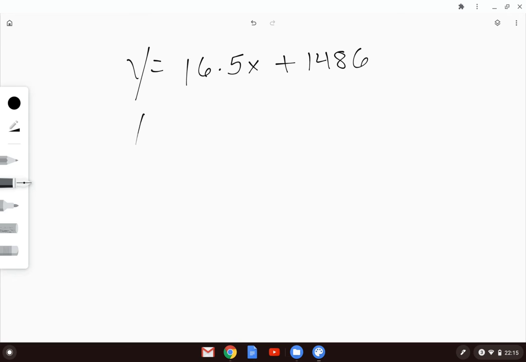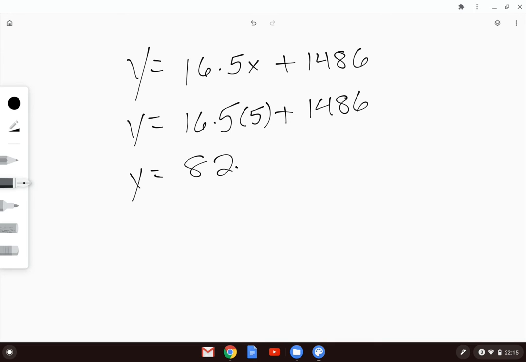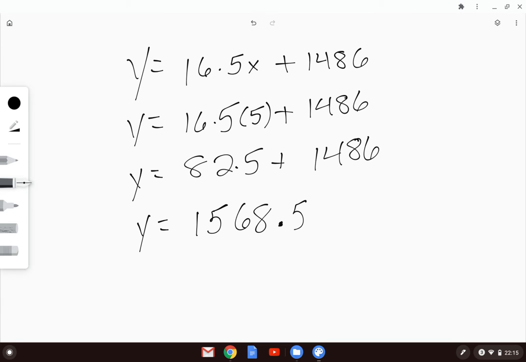All right, so again, I'm simply going to input the 5 where x is. Okay, so 1568.5.